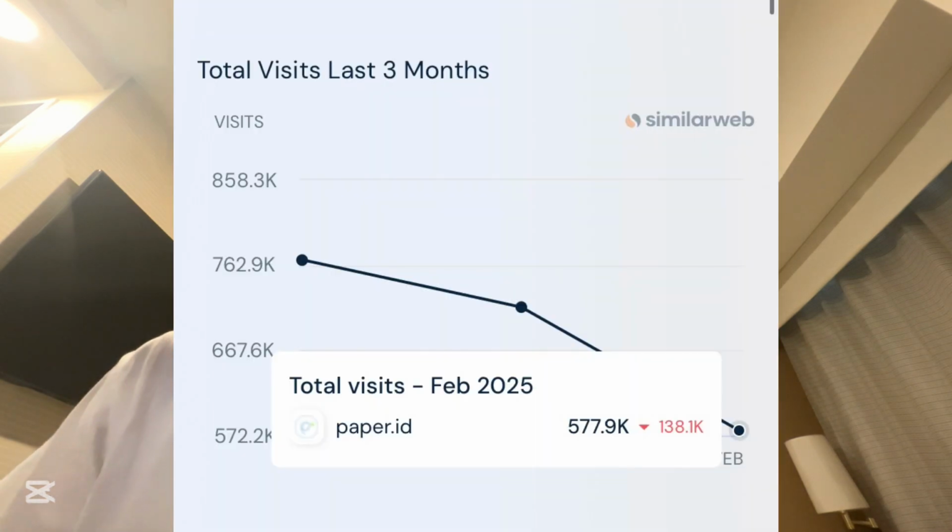So, using the data from SimilarWeb and comparing it with a bit of the competitors and what we usually see in the Google Analytics benchmarks, first let us see the basic metrics. Paper ID had total visitors of 577,900 in February 2025.